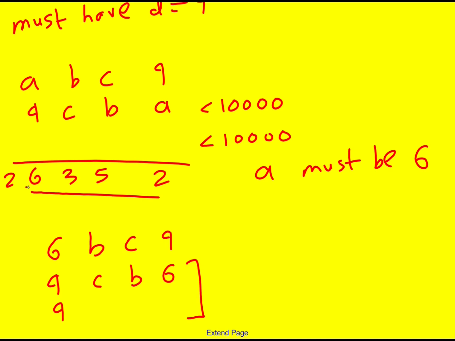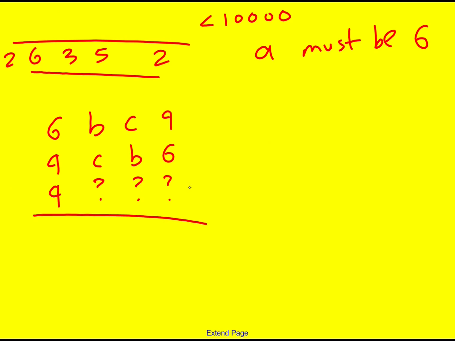To get more than 6,000, we're going to need to have the 9 here. If we had, say, an 8 here, then this would actually be less than 19,000, and this would have to then be more than 7,000. So it's got to be a 9 here. We just don't know where the 6 is going or where the B and the C are going. But we're getting there. We've only got two things that we don't know now in terms of B and C, and then three numbers here that we don't know.